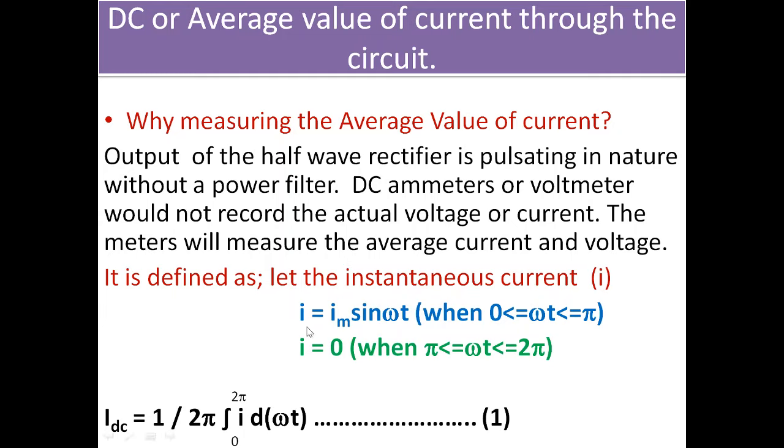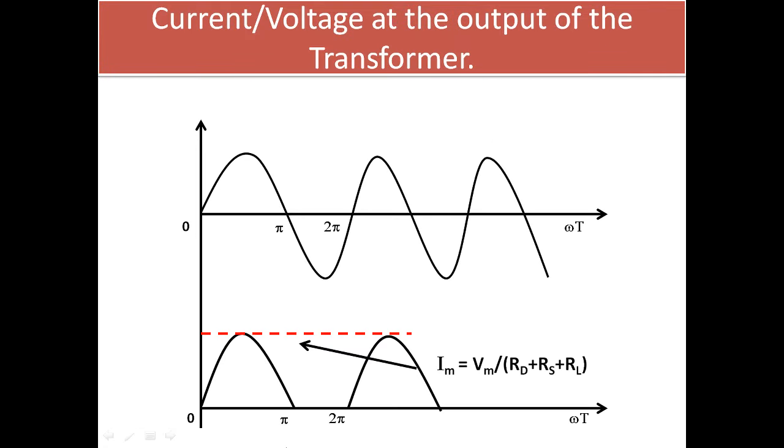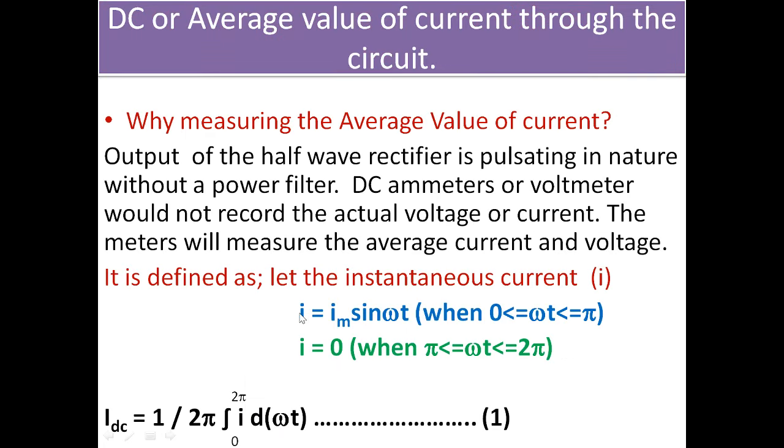If we consider the current flowing through the circuit as I equal to Im sin omega t, where I is the instantaneous current and Im is the peak current. We know from the previous figure that current through the diode is available between 0 to pi, and not available between pi to 2 pi.